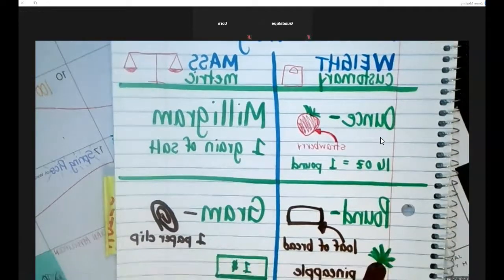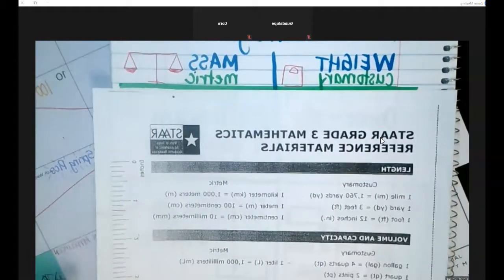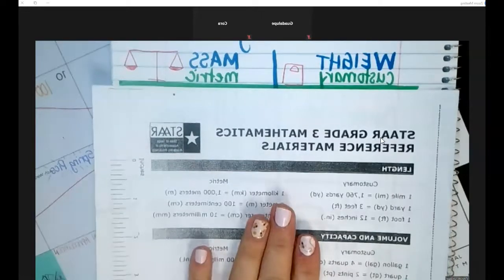Now, all you're going to need in front of you is this star chart. It looks like this. Those of you on Seesaw, you might have to click back into your Seesaw assignment where I put the zoom and have this star chart. If it's not there, then you can just look at the screen.